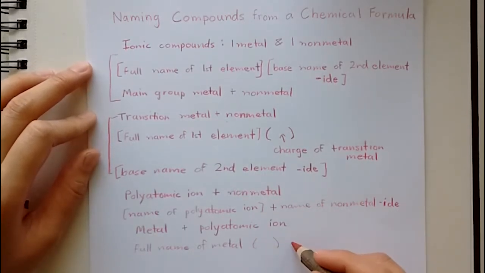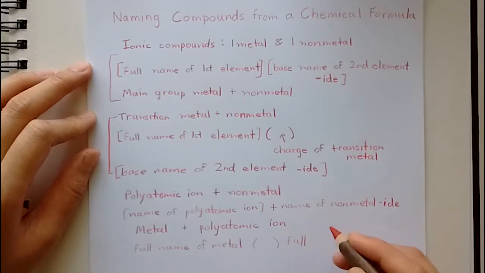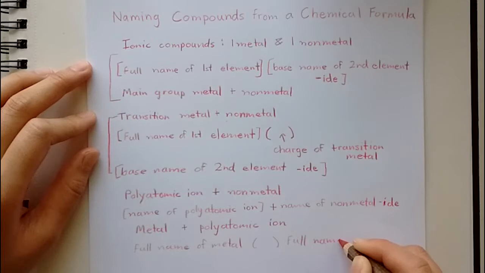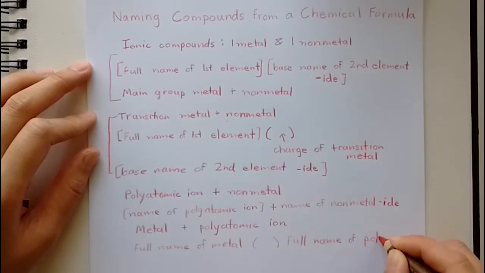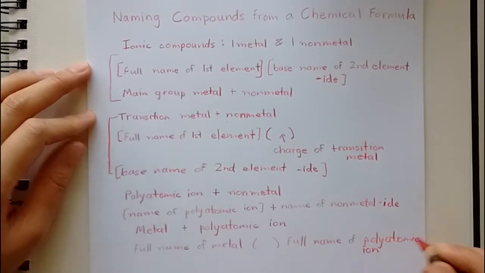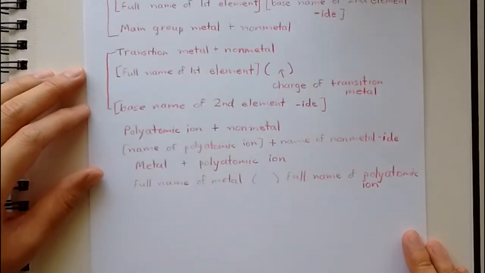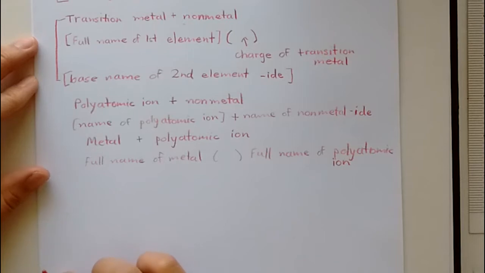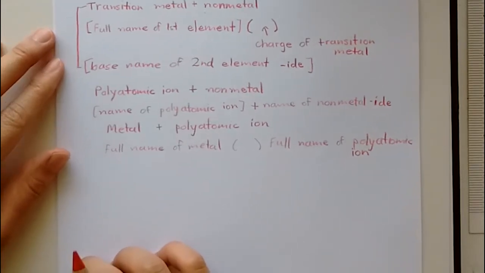And then after that, you have the full name of the polyatomic ion. Alright, so those are the rules for the ionic compounds.